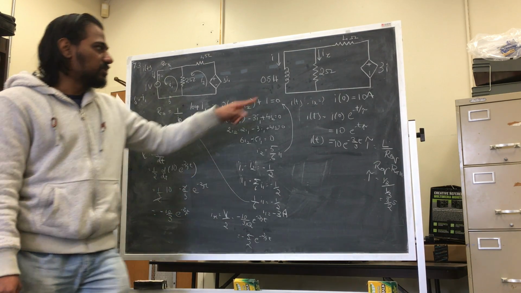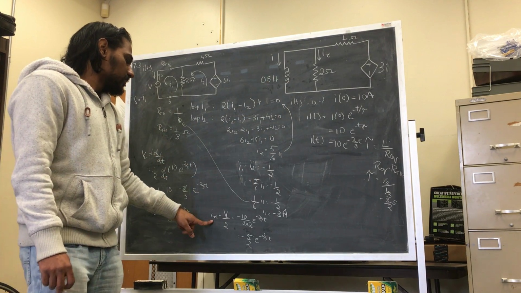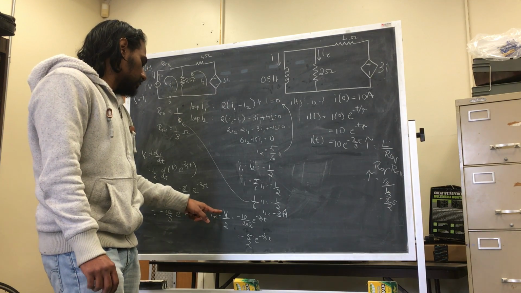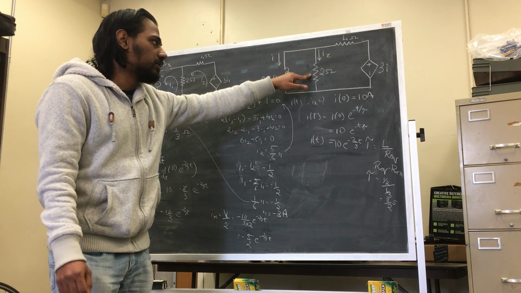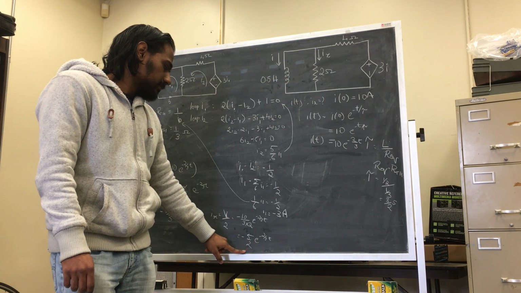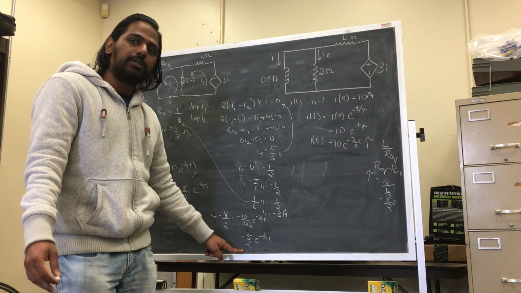That would be the same as the voltage across the resistor, since they are in parallel. So you get Ix as the voltage across the inductor divided by the resistance, which is 2. When you simplify it, you get Ix as minus 5 by 2 e to the minus 2 by 3t.